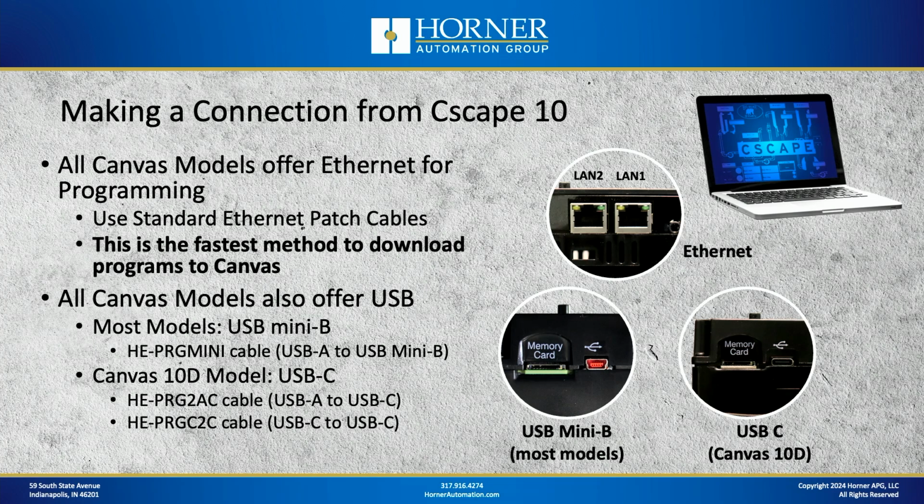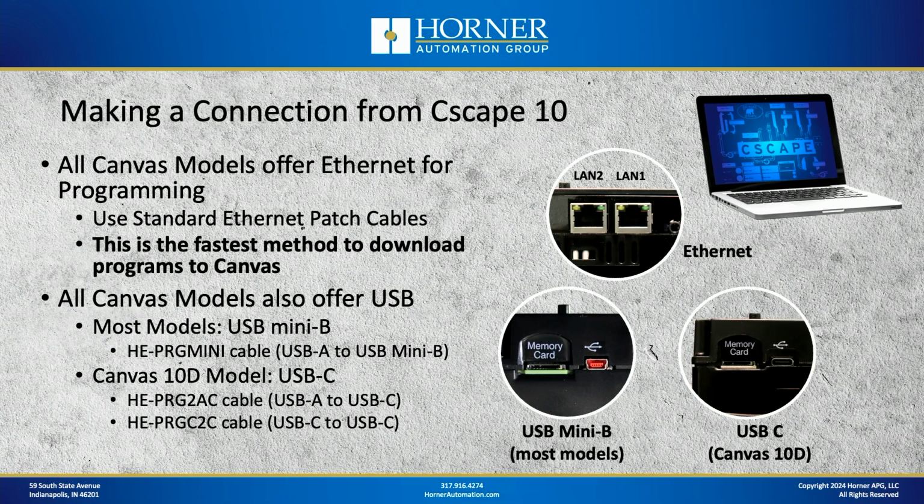Now, if you'd prefer to program using USB, that's also an option. Okay, so that's also available to you. And most Canvas models still feature USB Mini B, which is shown there in the lower left-hand graphic, if you will. That's Mini B. And we have a cable available from Horner that you could use between your computer and that type of connection.